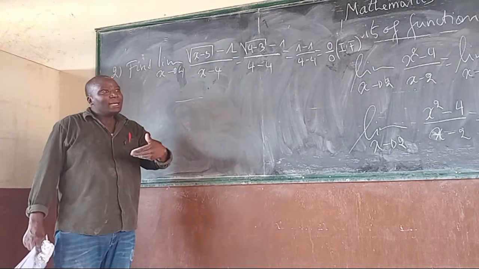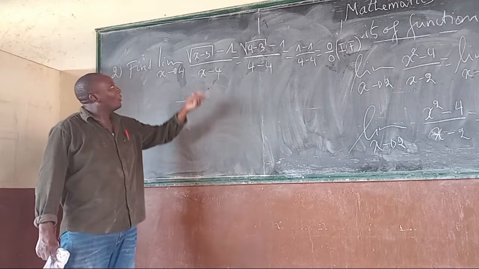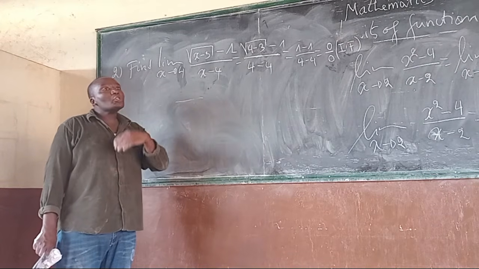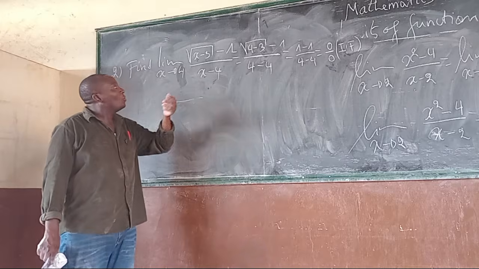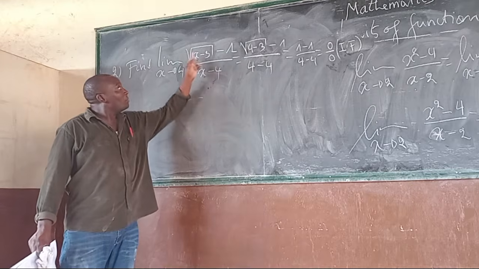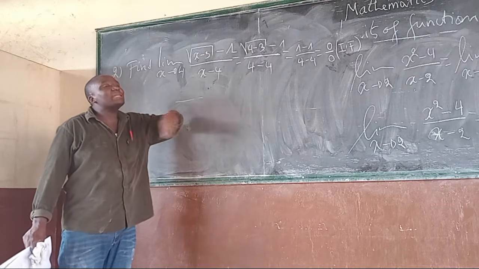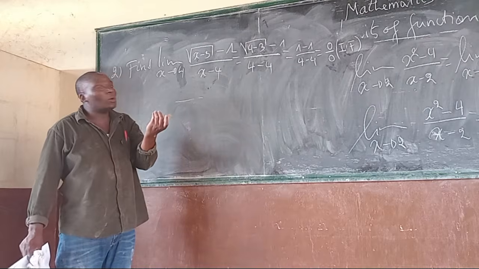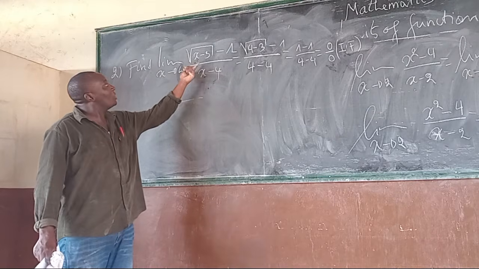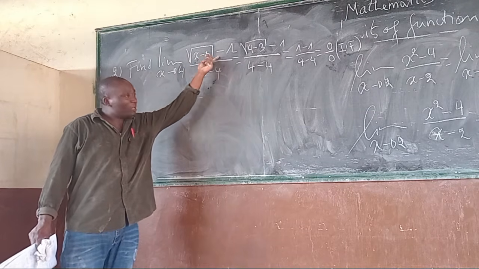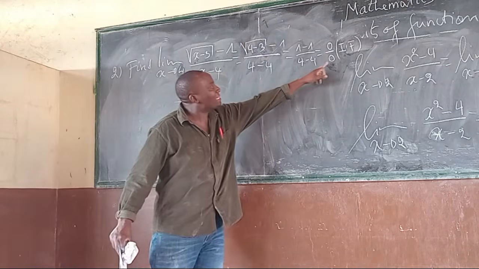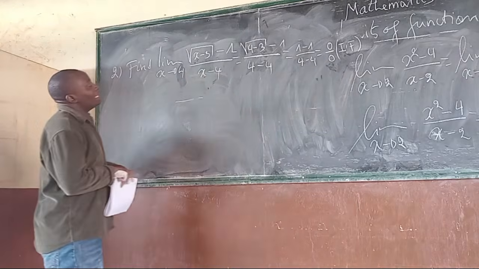You can find other techniques for removing this radical form. I'm sure, as you know, the techniques of removing a radical form in a given function. To remove a radical form, you simply apply the technique called the conjugate. This is why I'm going to apply the conjugate so that I can remove this radical form and reject the barrier of indeterminate form.